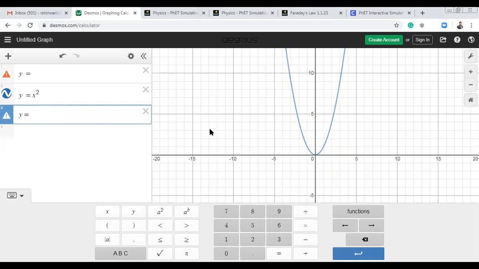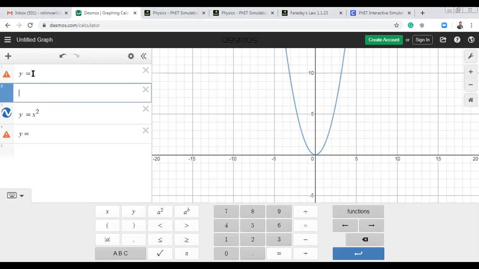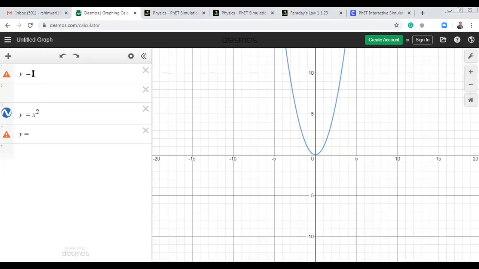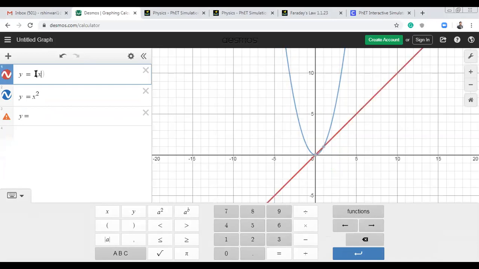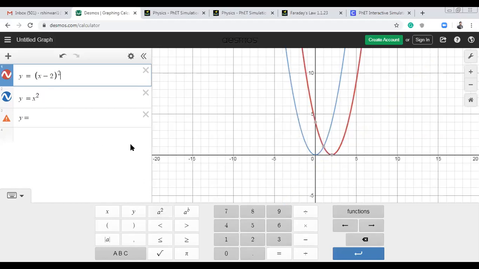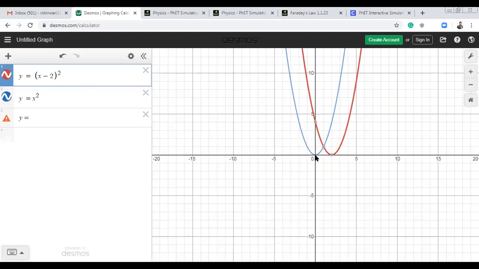Now if you replace x with x minus 2, and then whole square, you can see blue was the original. You shift the graph 2 units, from 0, 1, then 2.